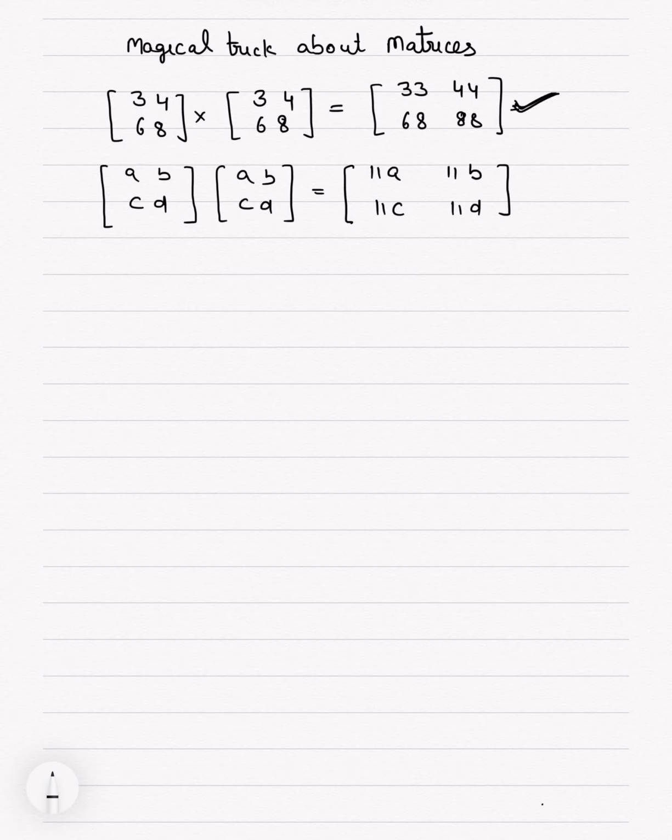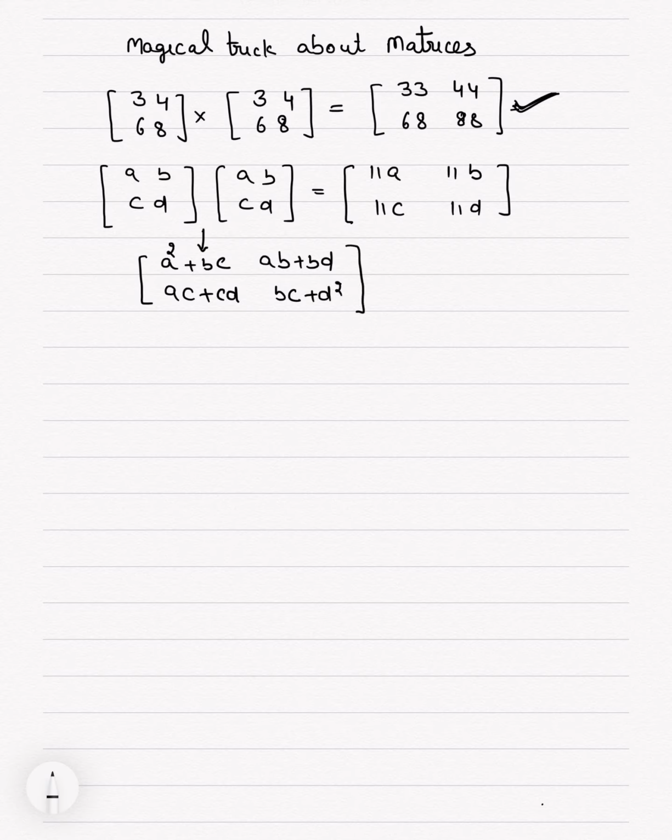If you multiply these two matrices, you will find that its answer is A square plus BC, AB plus BD, AC plus CD and last is BC plus D square.